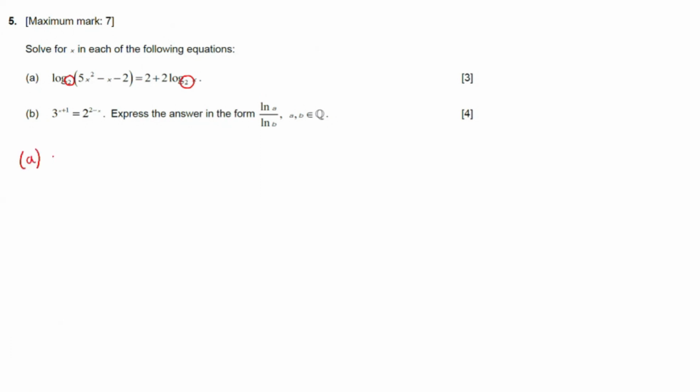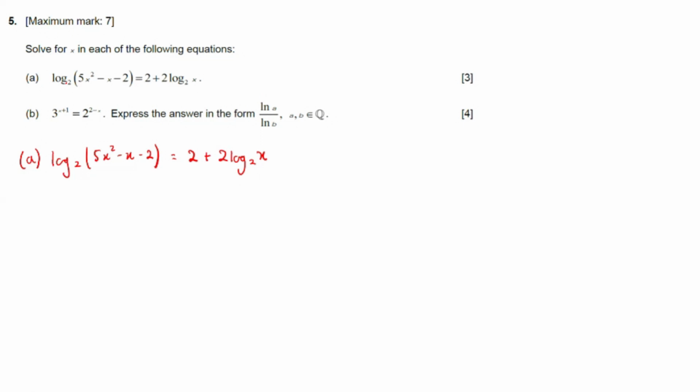First one: log 2 of (5x squared minus x minus 2) equals 2 plus 2 log 2 x. Now, in every equation, you have to be able to simplify first. On the left side, you cannot really simplify anything.